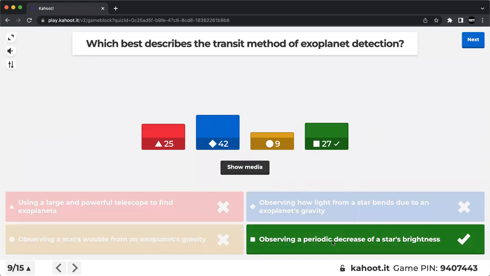So this one is green because that's the correct answer. Red is direct imaging, which is using a large and powerful telescope. Yellow is radial velocity, observing a star's wobble from an exoplanet's gravity. And blue is observing how light from a star bends due to an exoplanet's gravity. That one I didn't cover, but it's called gravitational microlensing. So yeah, green is the correct answer.